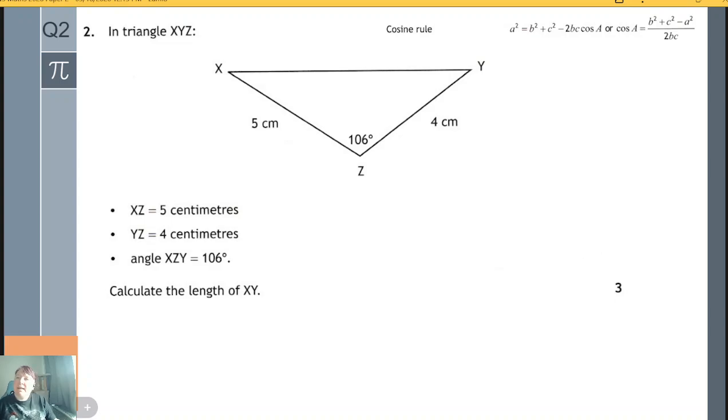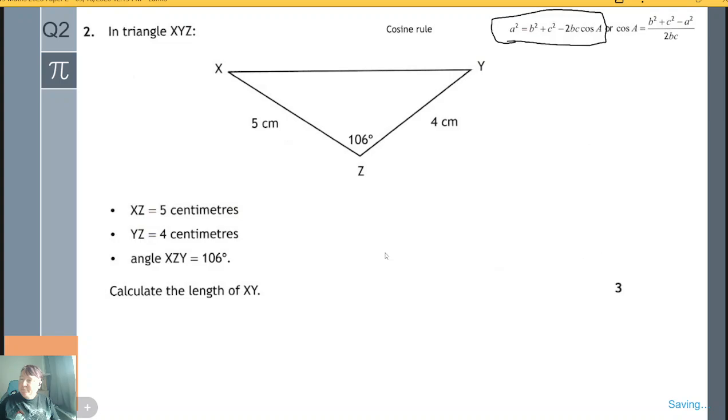So we're given the 2 sides, 5 centimeters, 4 centimeters, and the angle of 106 degrees, and to calculate the length of XY. So we're dealing with the length, so it is the cosine rule. For the length, we want the first half of our formula, so that bit.